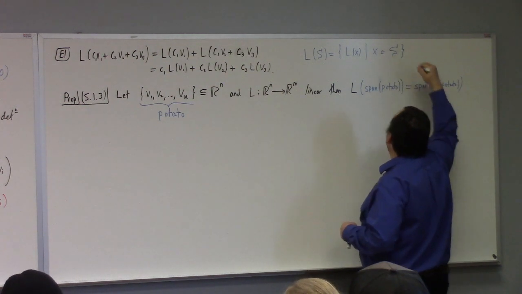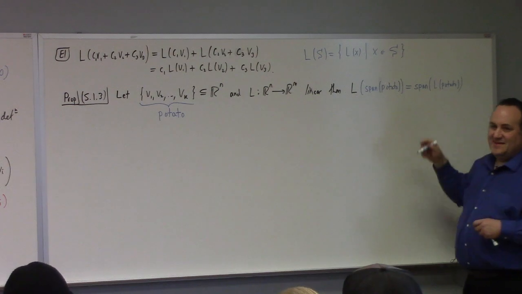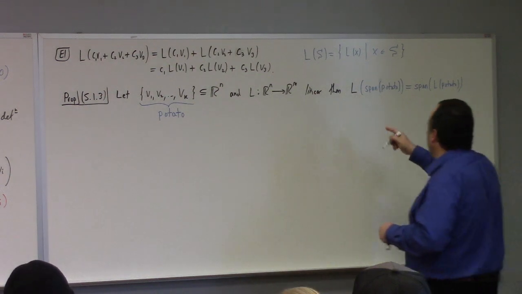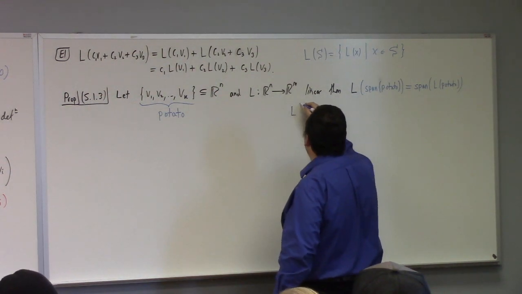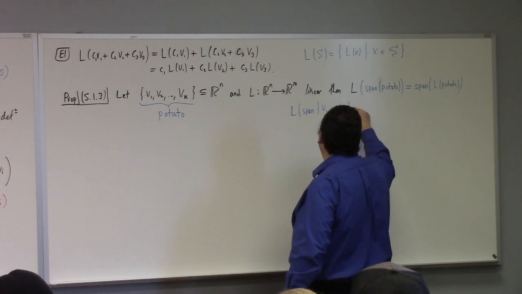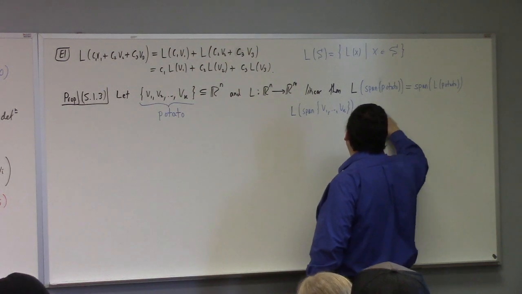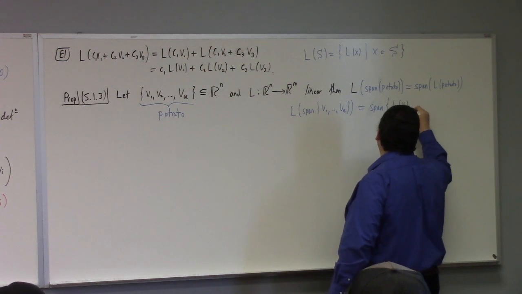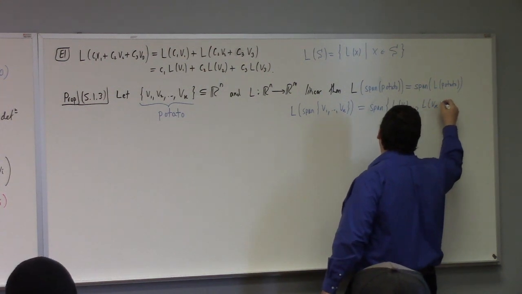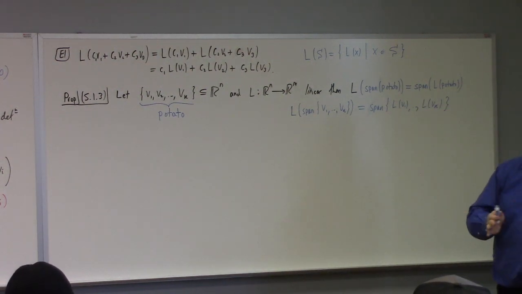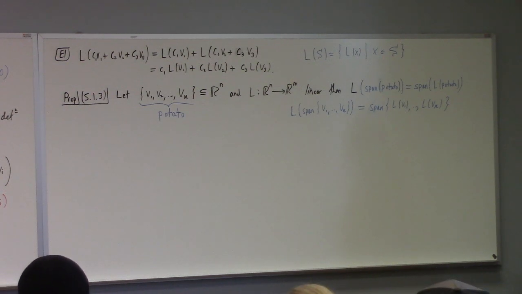So when I talk about L of potato, this is all possible images. We can be more specific here. This is L of the span of V1 through Vk is equal to the span of L of V1 through L of Vk. Let me put it into words here. The image of a span is the span of the images.